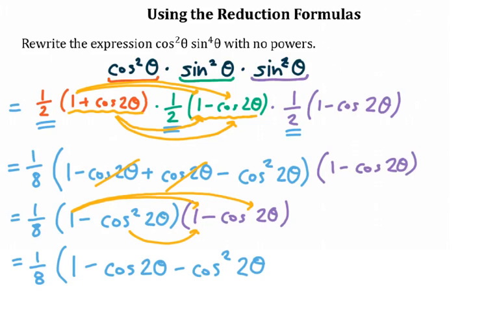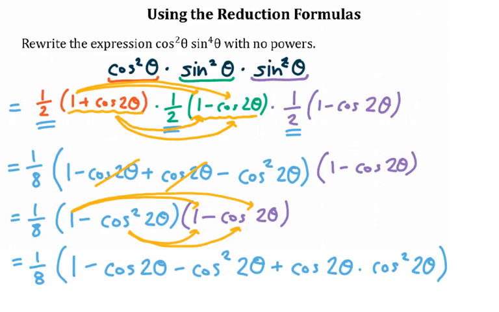And last, we get a negative cosine 2 theta times a negative cosine 2 theta, which is a positive cosine cubed of 2 theta. I'm going to leave it as cosine 2 theta times cosine squared of 2 theta, because the identities that we know allow us to rewrite squared terms, not cubed terms.